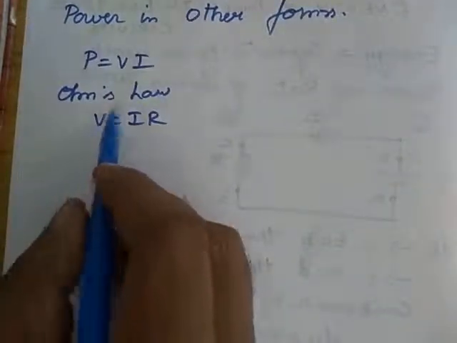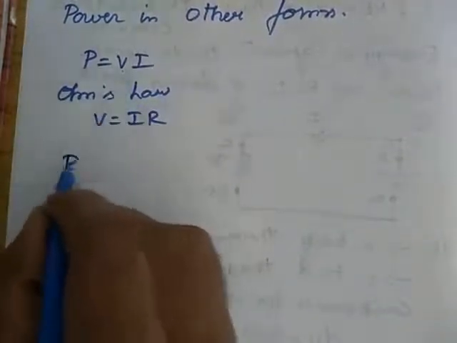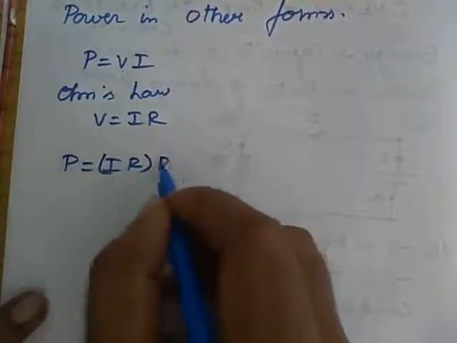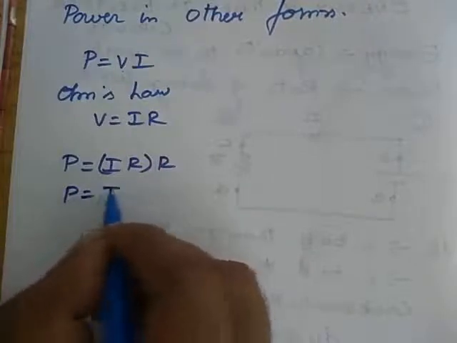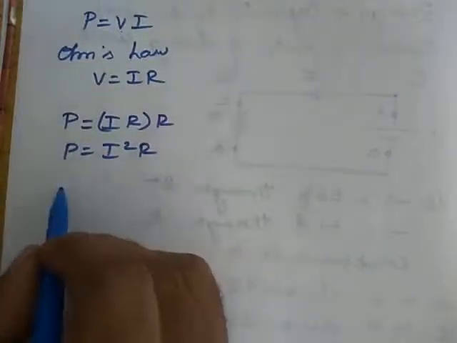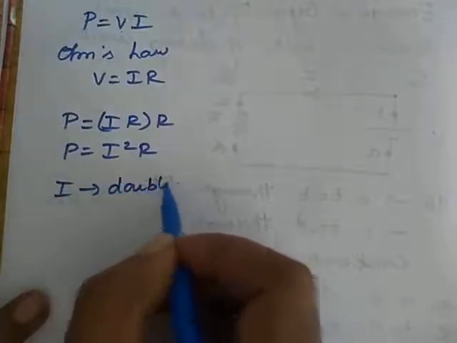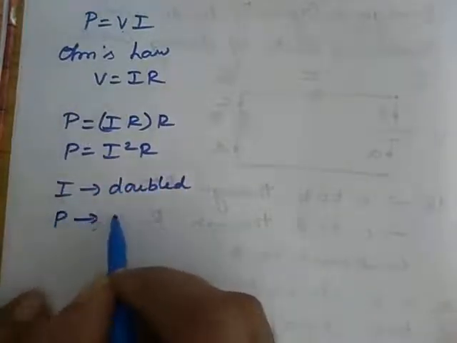Substituting this V value here, power becomes P is equal to IR into I, then power becomes I squared R. Here, if the current is doubled, power increases 4 times.